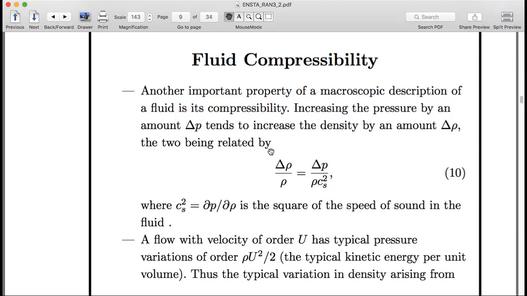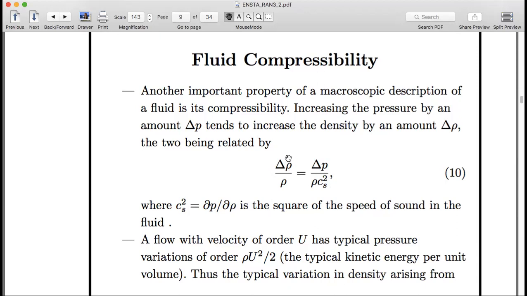Then we can define all these terms acting on an imaginary surface there, and the pressure is going to try and squeeze some volume here, and here, and anywhere, and in doing so, it will tend to increase the density because it compacts the fluid.